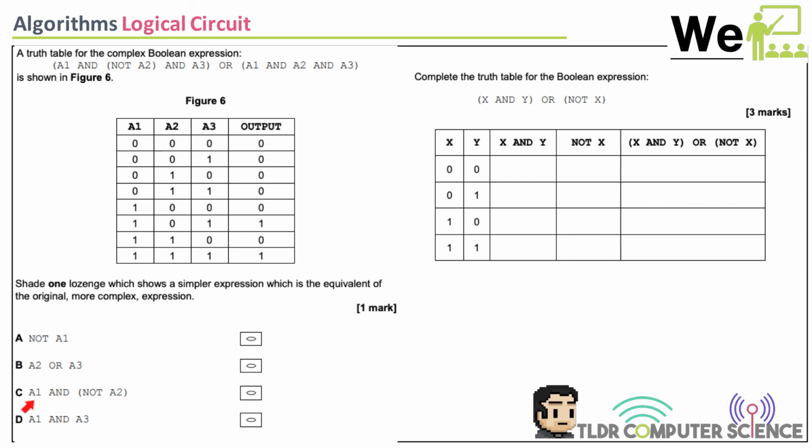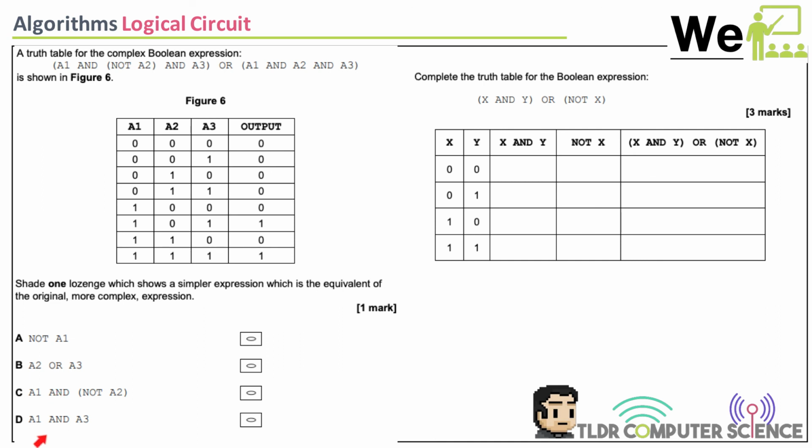So A1 should be 1, and because it's not A2, A2 would be 0, because not 0 would be 1. So we have to look where A1 is 1 and A2 is 0. In here, A1 is 1, A2 is 0. What's not 0? 1. So that should be 1 and 1 should make 1. And is it 1? So is that one correct?